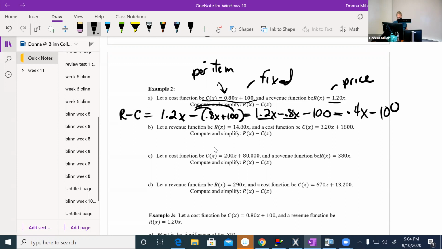Okay, now the second example, B, I want you to try that on your own. So come up with an expression of revenue minus cost, all right? Go on your own and then we'll see if you got it right.